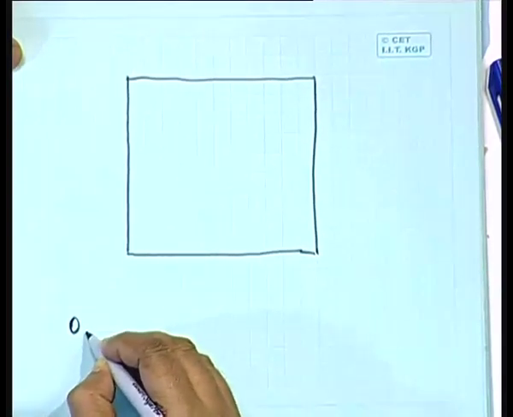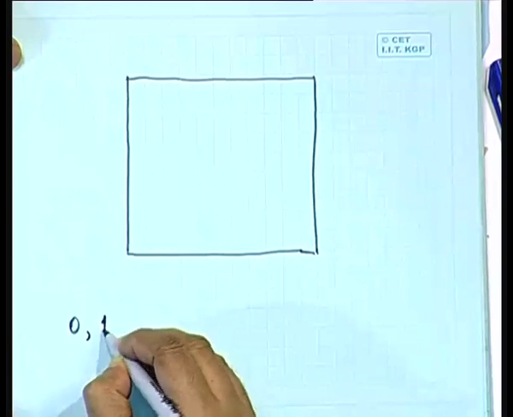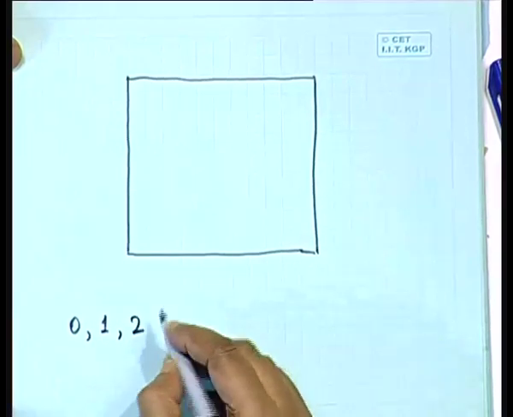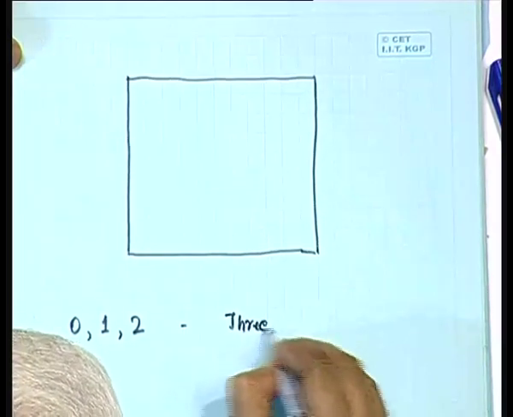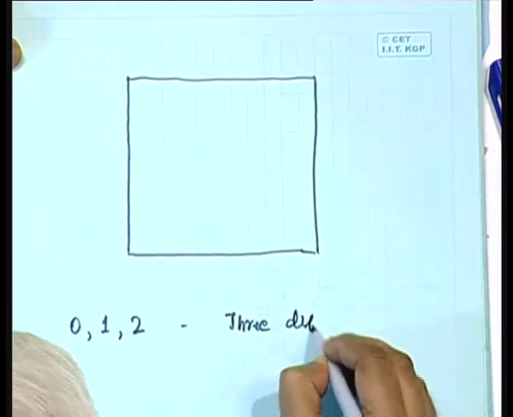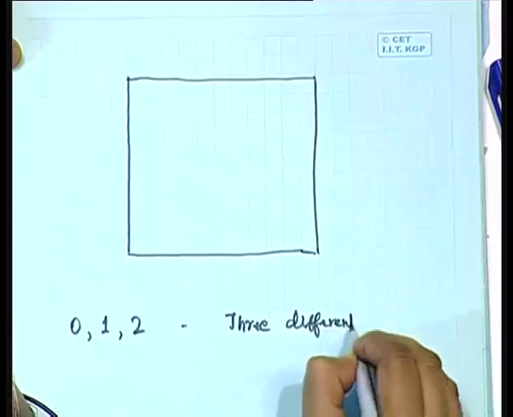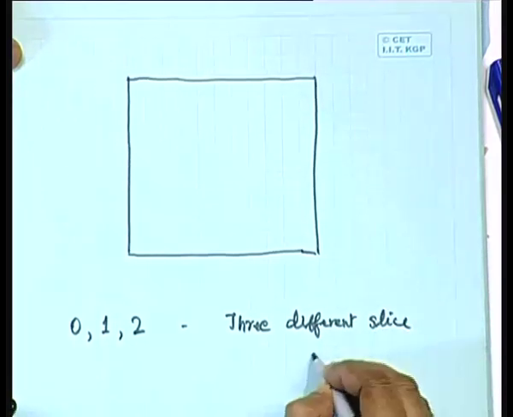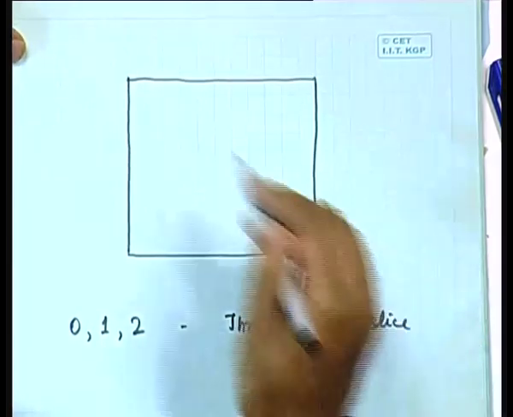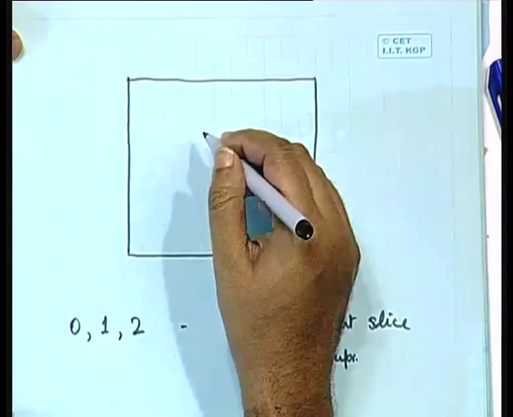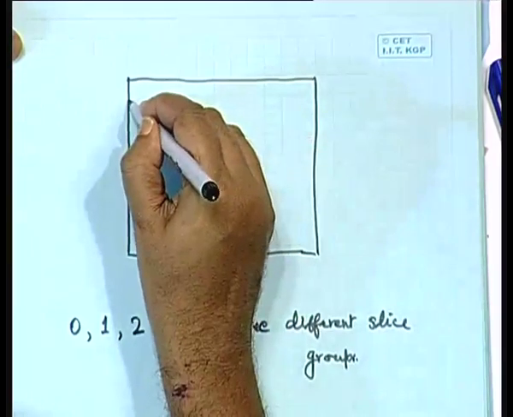We label them slice group 0, slice group 1 and slice group 2. We can partition this frame into a number of slices.